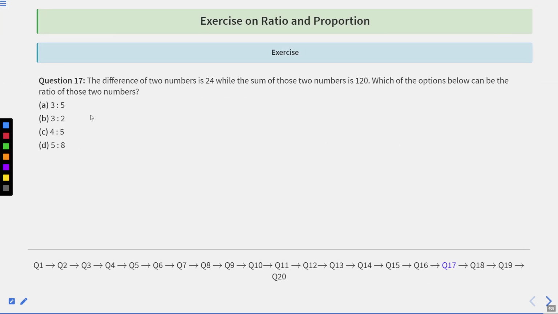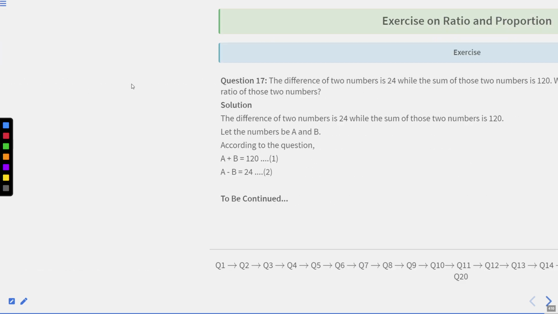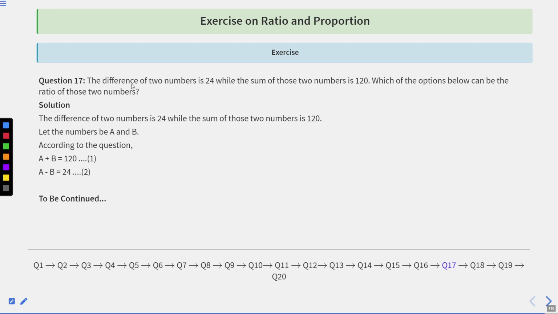Now question number 17. The difference of two numbers is 24, while the sum of those two numbers is 120. Which of the options below can be the ratio of those two numbers? The solution: let the numbers be A and B. According to the question, the sum is 120 and the difference is 24.